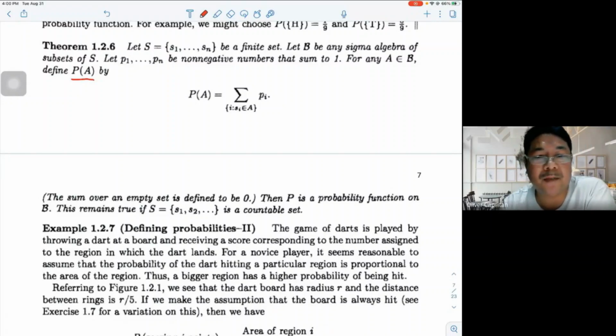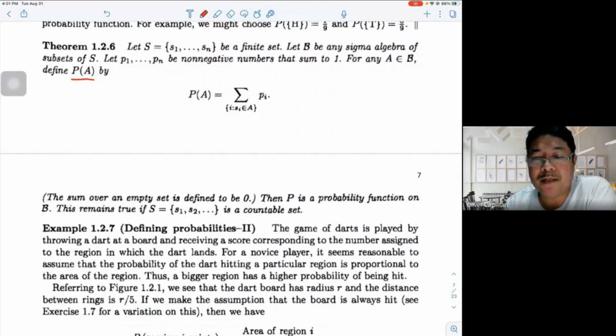This is our definition: P(A) is equal to the finite summation of small p sub i, over the set of all i such that s sub i is an element of A. The sum over an empty set is defined to be 0. So if you have an empty set, then the probability of that empty set is equal to 0.